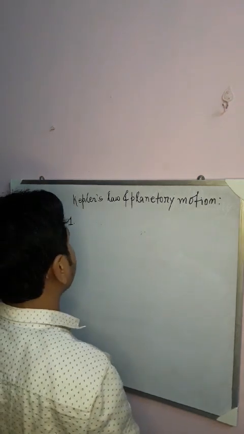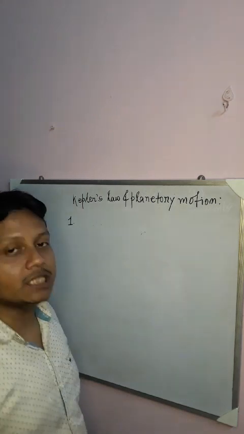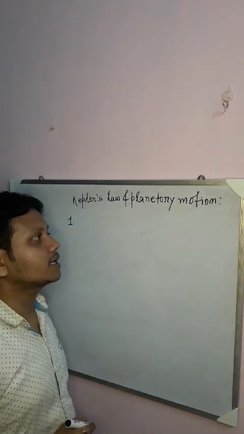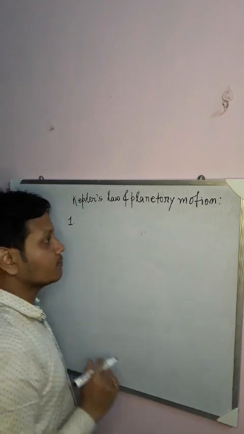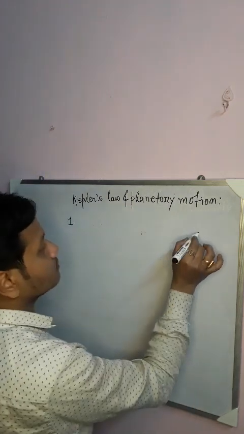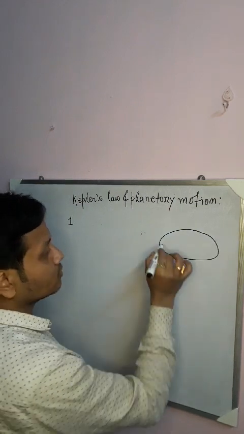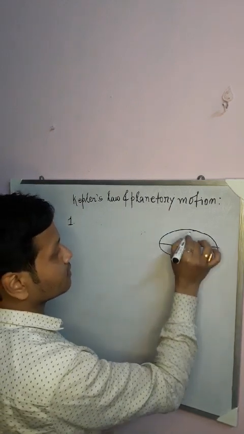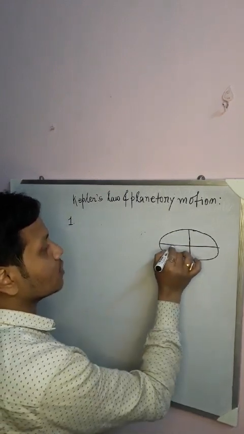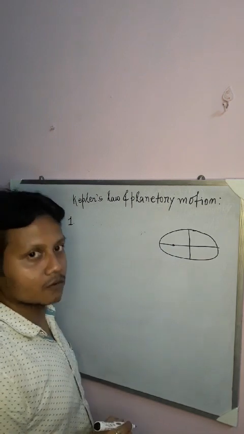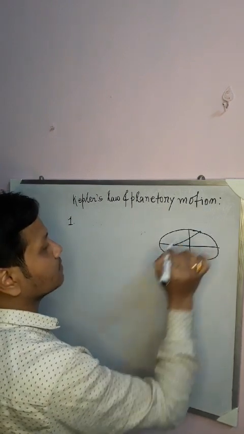So what is the first law? The first law states that each planet revolves around the sun in an elliptical orbit with the sun at one of its foci. In an elliptical orbit, you all know, this represents the major axis and this the minor axis, and there are two foci. Say this is one. Here the sun is located and there is the planet.